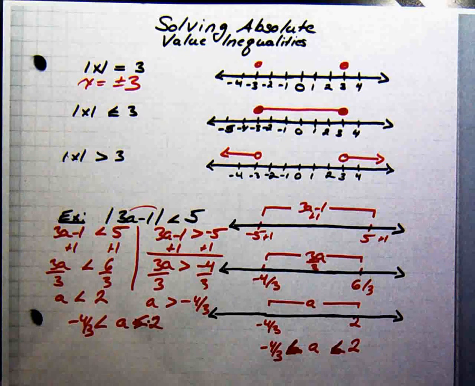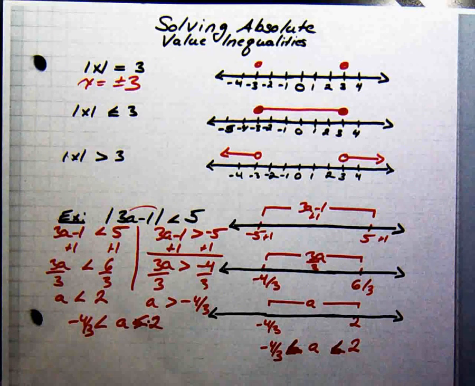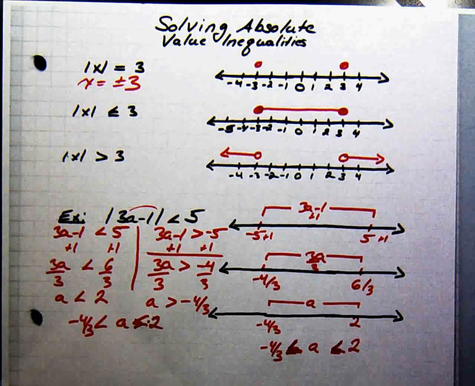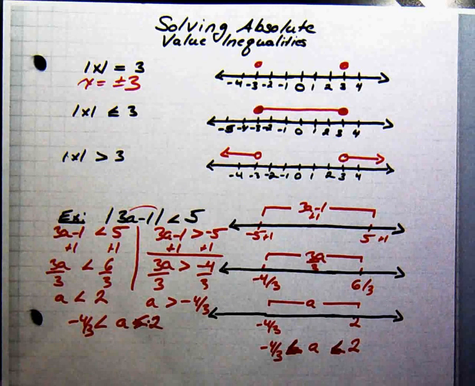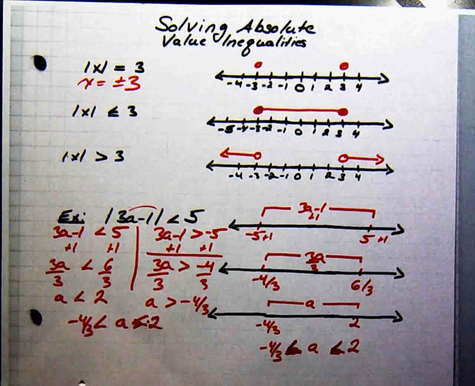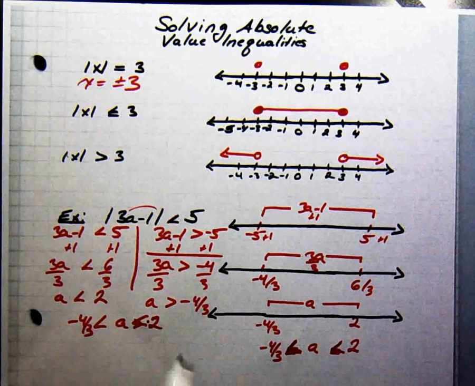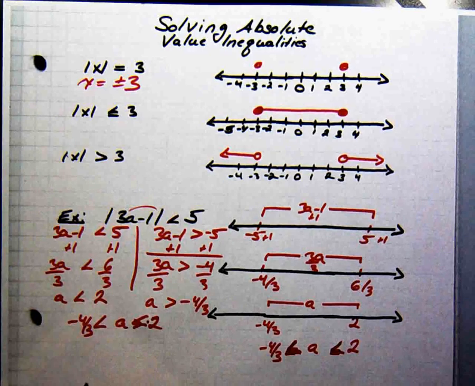So now let's go ahead and take a look at another type of inequality. Let's take a look at a really complicated one that you think might have to be a lot of work.